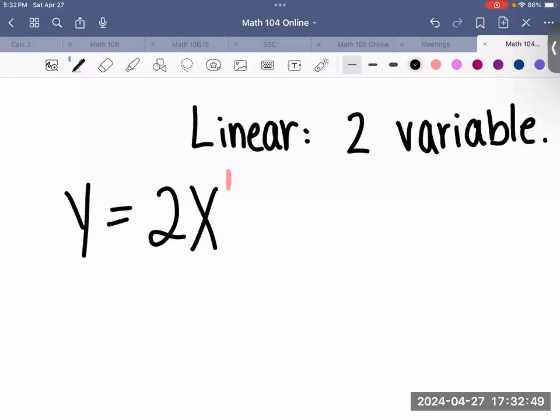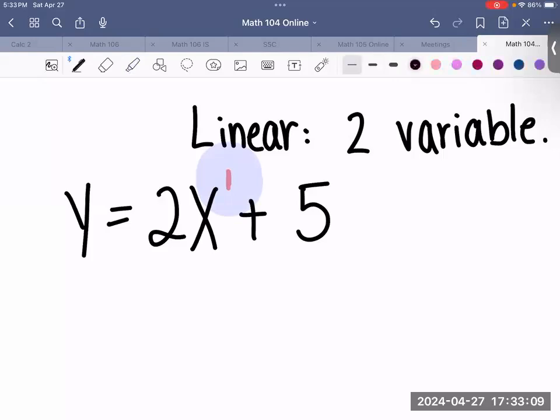So here's your second variable. We can put on any sort of spin. We can say 5, 15, whatever number comes next. But for right now, there can only be two variables that we're working with. Again, big takeaway is that your degree on your x is equal to 1.